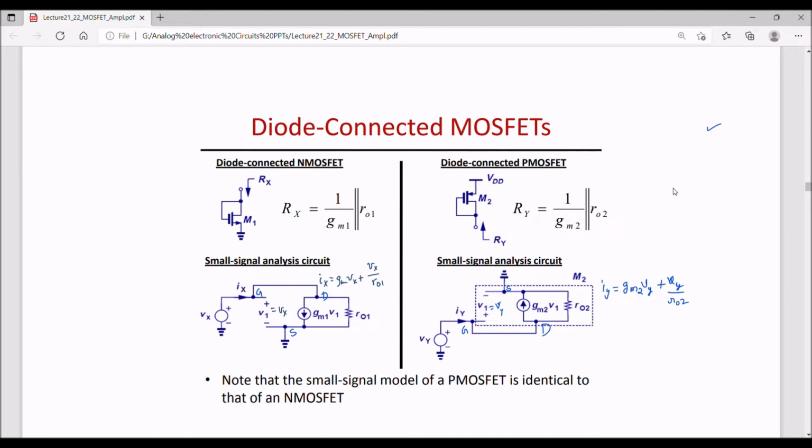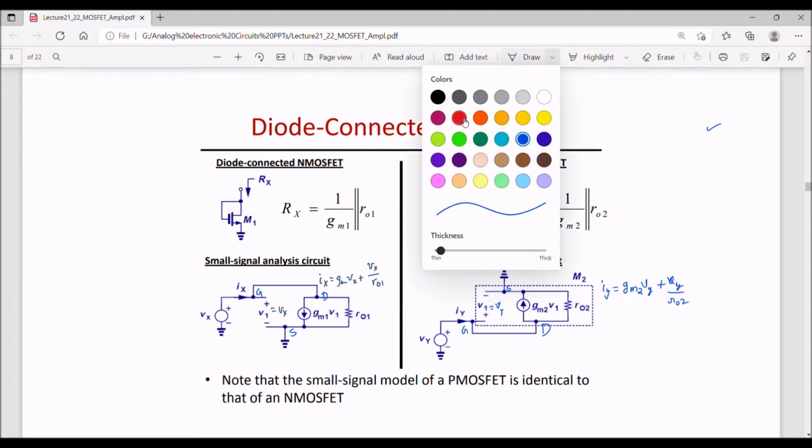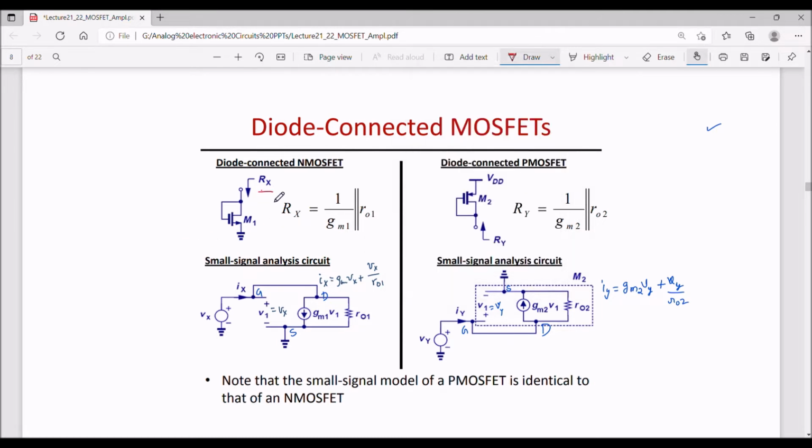We also learned how to find the impedance looking into the drain of these diode connected MOSFETs. For example, this Rx is equal to 1 by gm1 parallel to ro1.